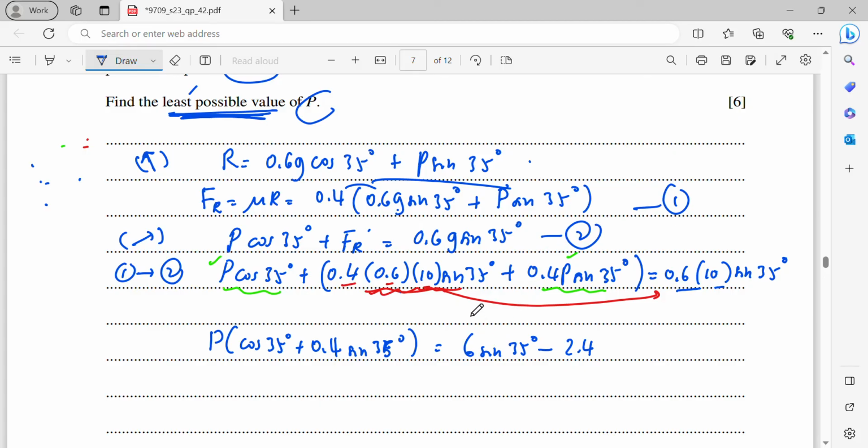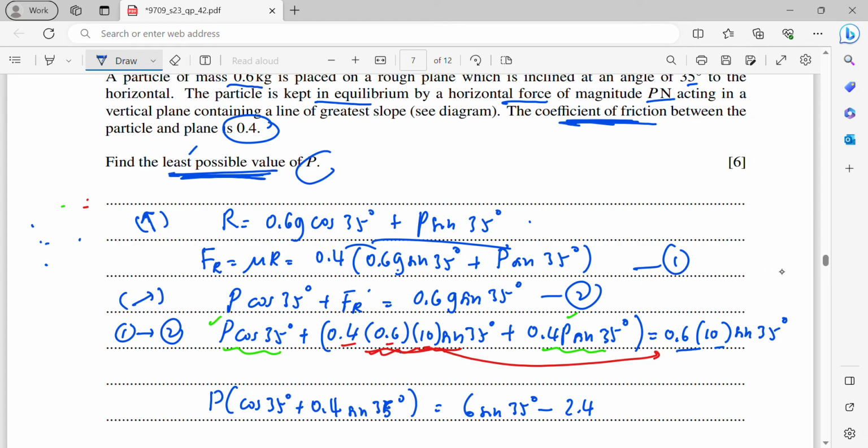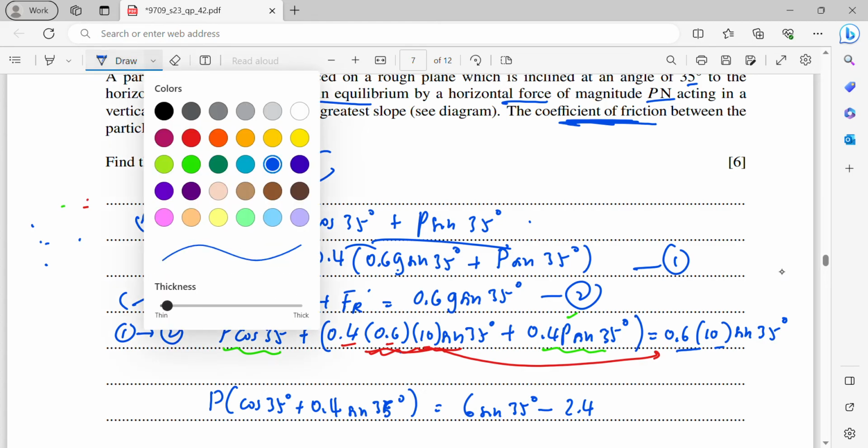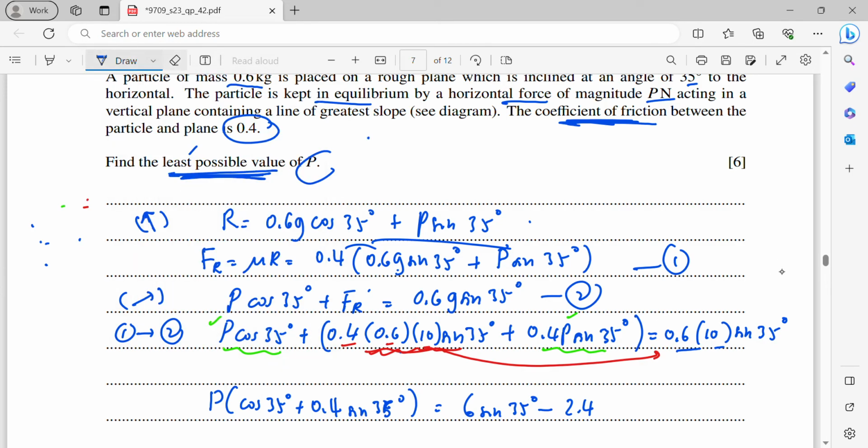Wait, let me check. Is it sine or cos? Okay, wait. I made a mistake here. I wrote it wrongly. You see here, this is sine, this is cos. But when I copied, I wrote sine, which means now I have to change all this to cos.